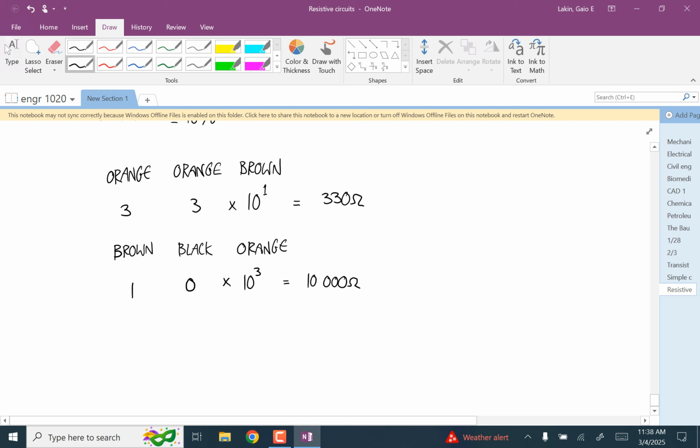The other one we have, I might as well write that one down. So brown, black, red. The brown is 1, the black is 0, times 10 to the red is 2. So that's 10 times 100 is 1,000 ohms.